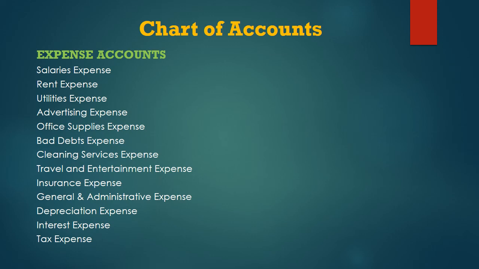There are so many things. Whatever bill we have to make payment for, this heading goes under expense account. You should be clear. So you have to know where the expense goes. Then you can easily prepare the balance sheet and income statement, profit and loss account, whatever.